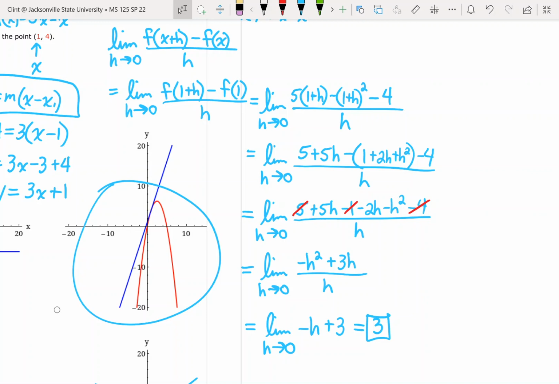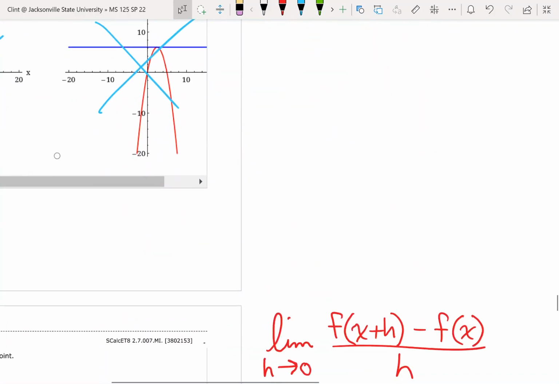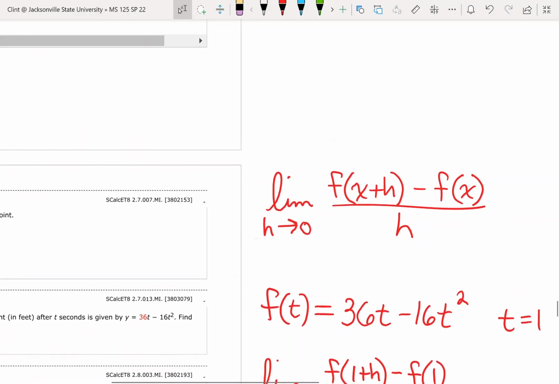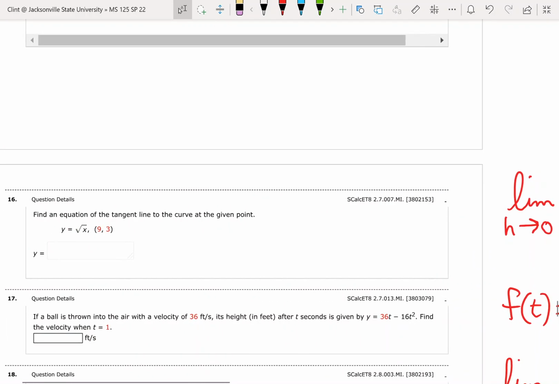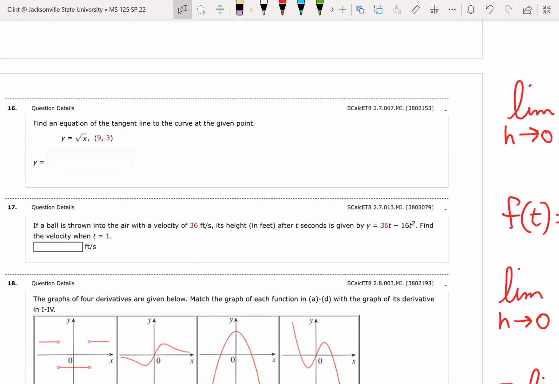You got what you need? I'll be glad to scroll back wherever we need to later. 17 we got, 16 is next.